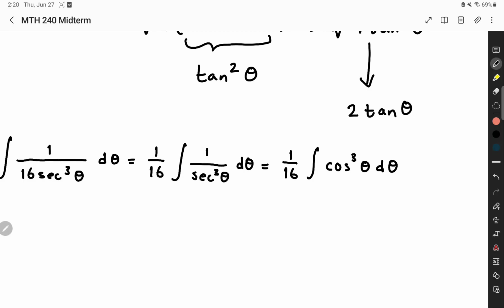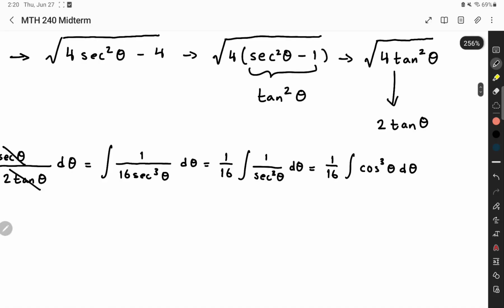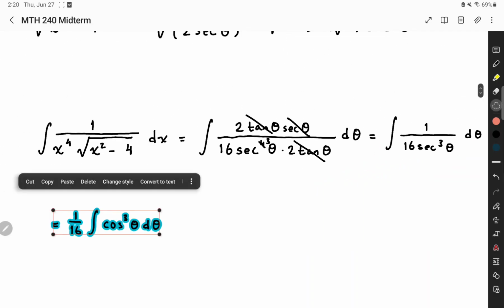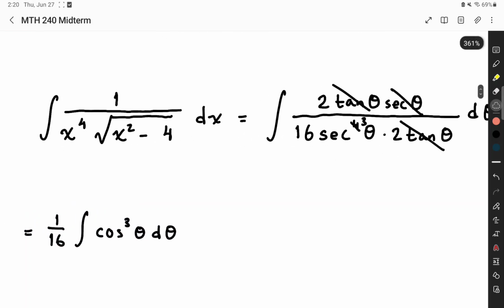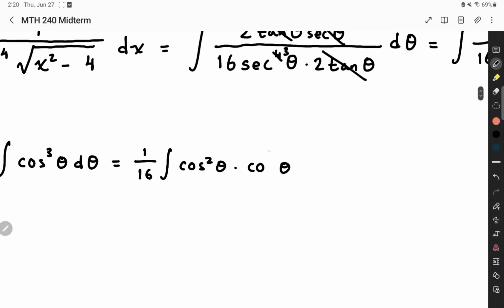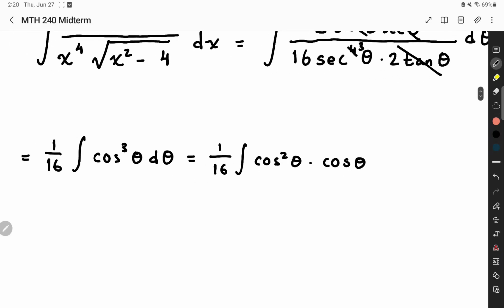So now all we have to do is evaluate this integral. How can we evaluate this integral? Well, let's first go ahead and copy this. And so the trick with these trigonometric integrals is we want to split it. So we can split this into 1 over 16 and then cos squared theta times cos theta. This is still equivalent to cos cubed theta.